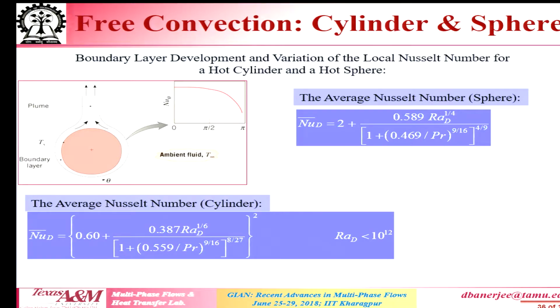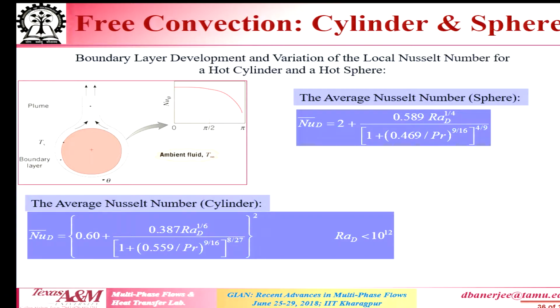In other words, I can treat the surface as being insulated starting from here, and my answer will not change by more than 5%. Or in other words, after you exceed an angle of 70 degrees, the rest of the surface is virtually insulated, and so that affects your average Nusselt number calculation.